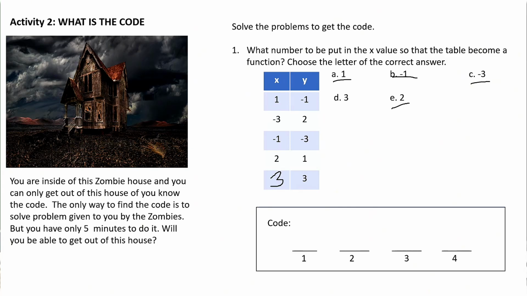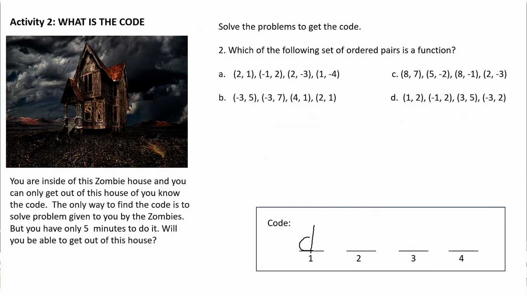Each value of x here is unique. So 1 is different from -1, -3 is different from 3. So the correct answer is letter D. So the first letter of our code is letter D.